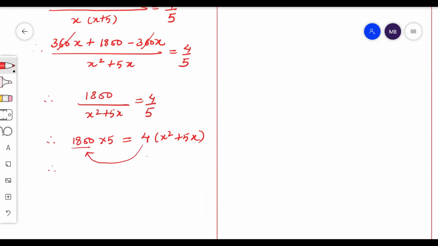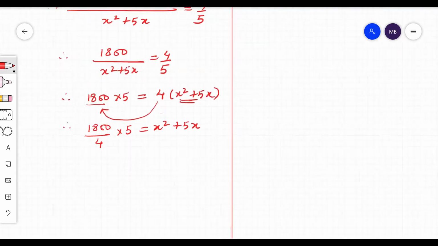So 1800 divided by 4 into 5 equal to x square plus 5x.